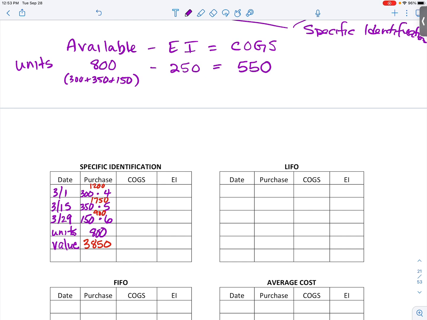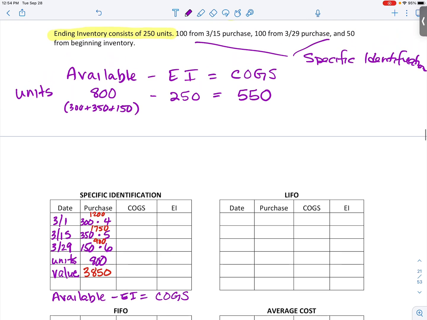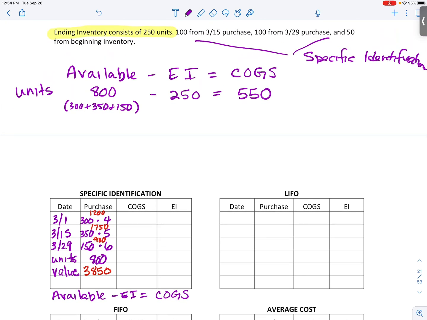Now, specific identification is a little bit different because they tell us exactly what is left in our ending inventory. And remember, if I know what's available, I can subtract off my ending inventory and get my cost of goods sold. So they tell me that in my ending inventory, I have 100 units left of my 315 purchase.